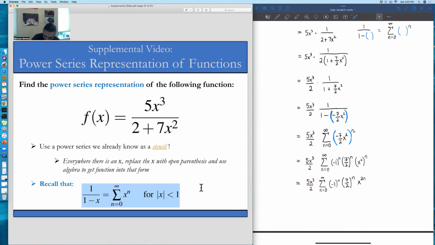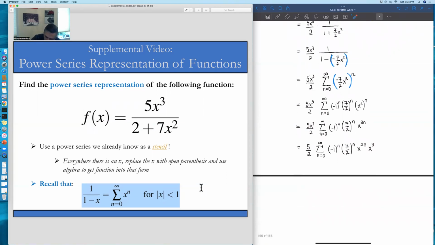And now the last move that I'm going to make here is I'm going to take this x cubed and move it into the summation. So this is equal to 5 over 2 times the sum from n equals 0 to infinity of minus 1 to the n, a 7 over 2 raised to the n, times an x to the 2n, and also times that x cubed that I decided to take from outside of the summation and move inside.